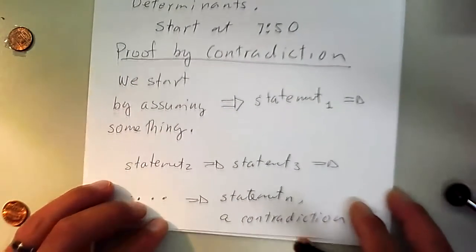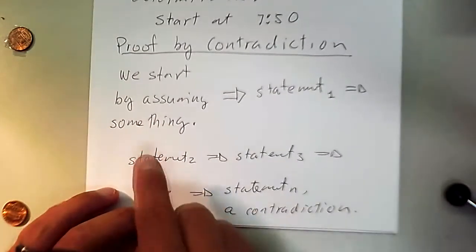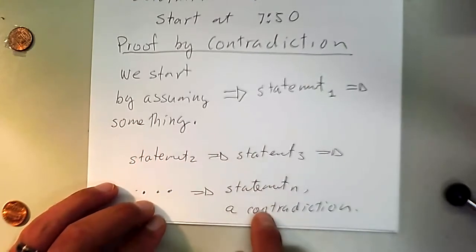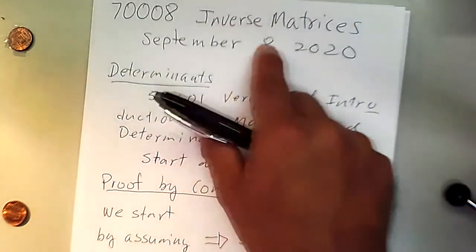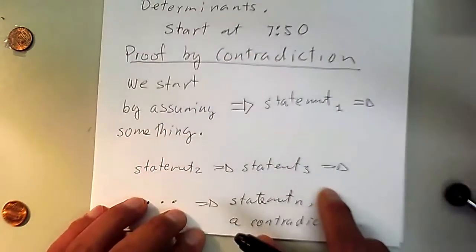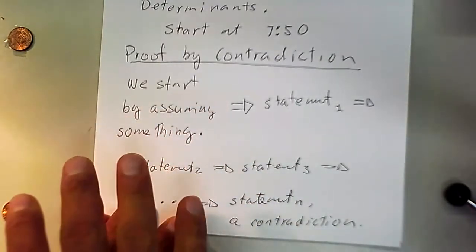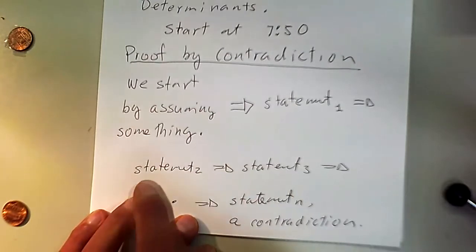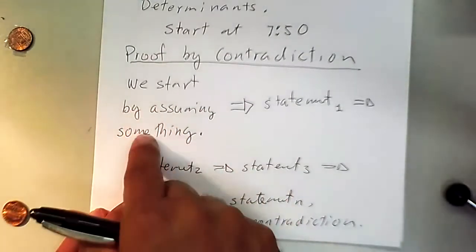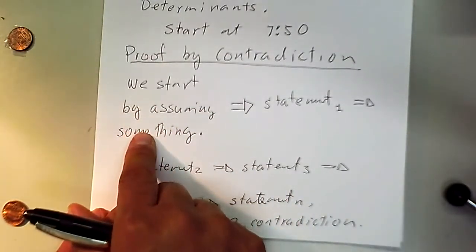Anyhow, we will probably talk about this again when we get to the impossibility of finding inverse matrices. But I want to make sure we understand this line of thought, in which again we assume something, some statement.